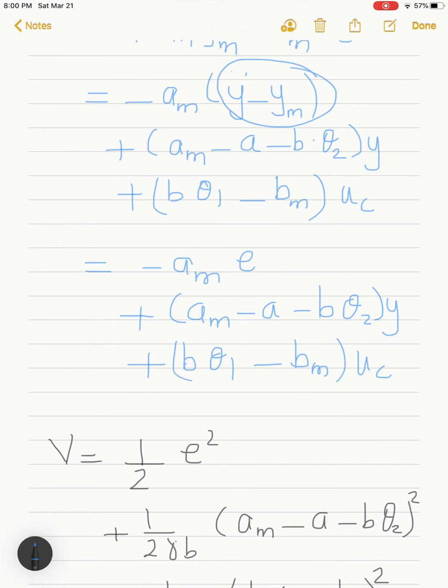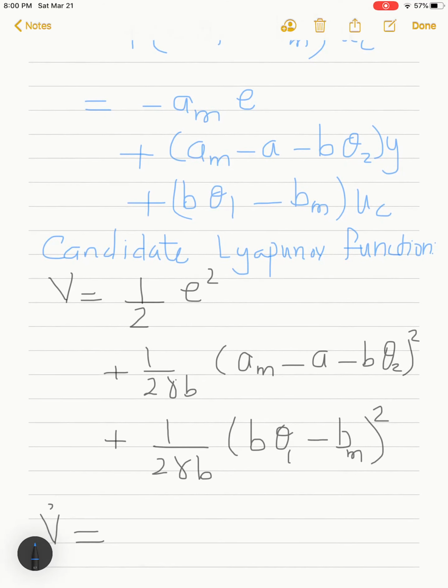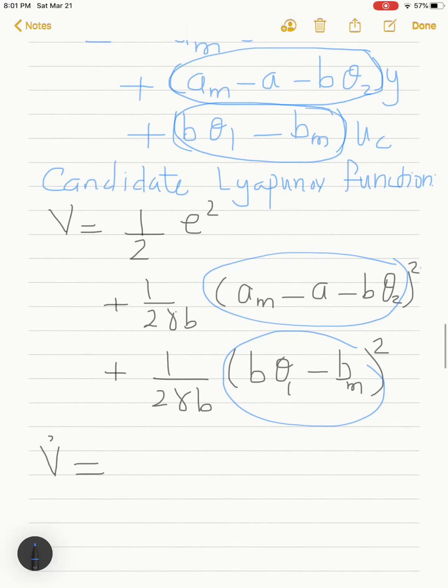I will take a candidate Lyapunov function, which is 1/2 e squared plus 1 over 2 gamma b times this factor, which corresponds to the error in the parameters here, squared, and another term that represents the error in the other factor here. So this would be my candidate Lyapunov function. So I'll take the derivative of that.